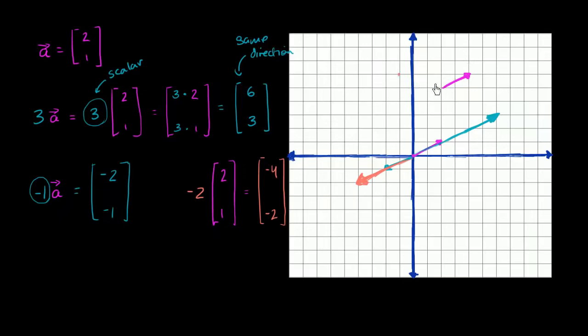And I'm purposely not having them all start at the origin because they don't have to all start at the origin. But you get a vector that looks like this. So what's the difference between A and negative 2 times A? Well, the negative flipped it over, and then the 2 scaled it, and now it has twice the magnitude, but because of the negative, it has twice the magnitude in the other direction.